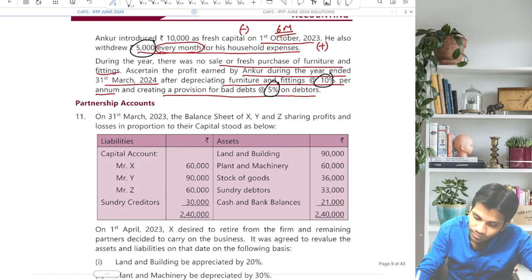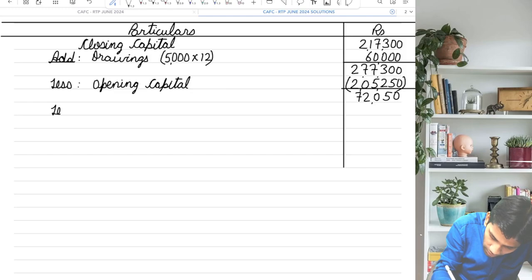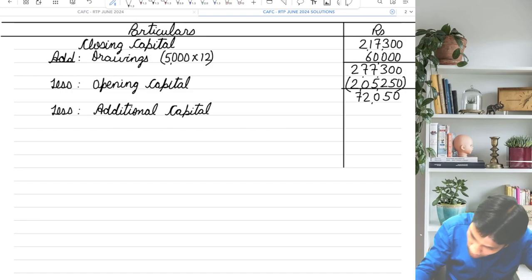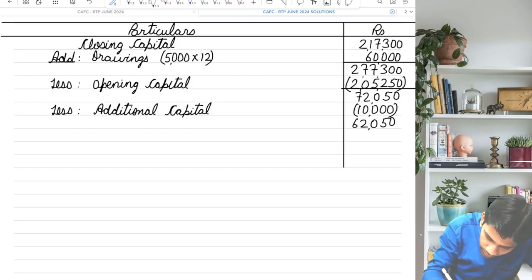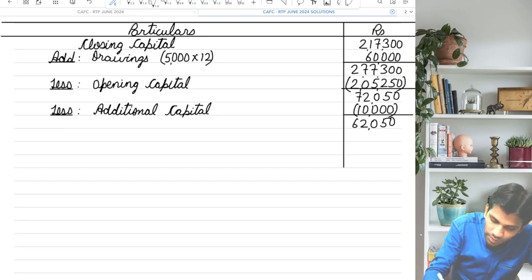Let's check. Yes, we have additional capital of 10,000. So less additional capital of 10,000. We don't have any interest on capital. So no interest on capital.